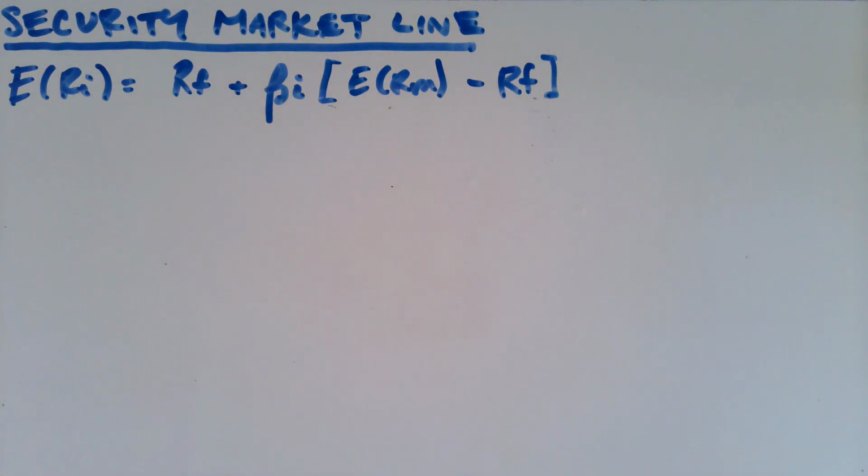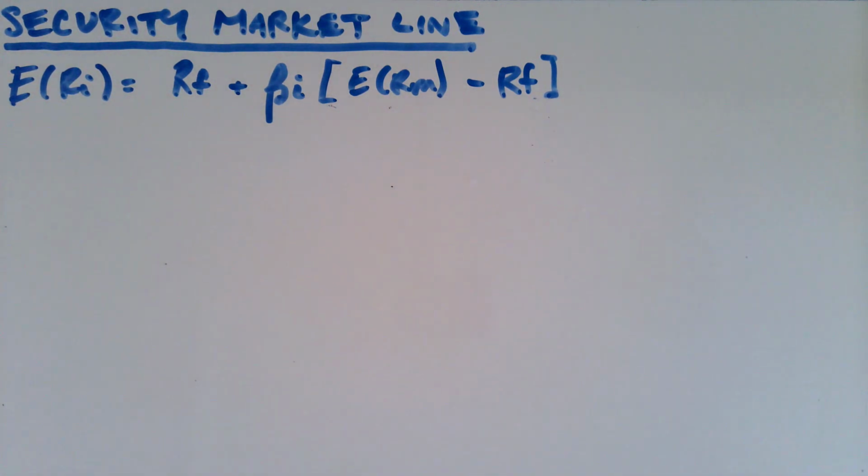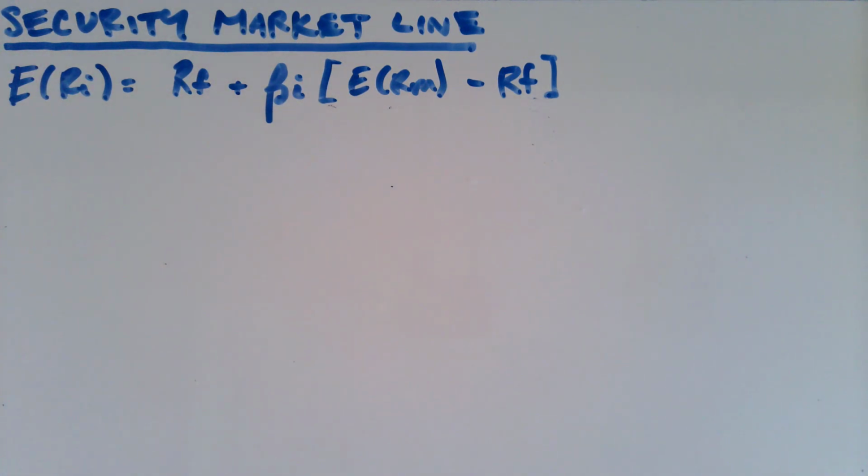Now let's try to tease out the most difficult variable from this security market line, R sub f, or the risk-free rate. And why is it most difficult? Because it shows up in two different places, and this one is inside a parentheses. And so the first thing we're going to do is distribute this beta over this parentheses.